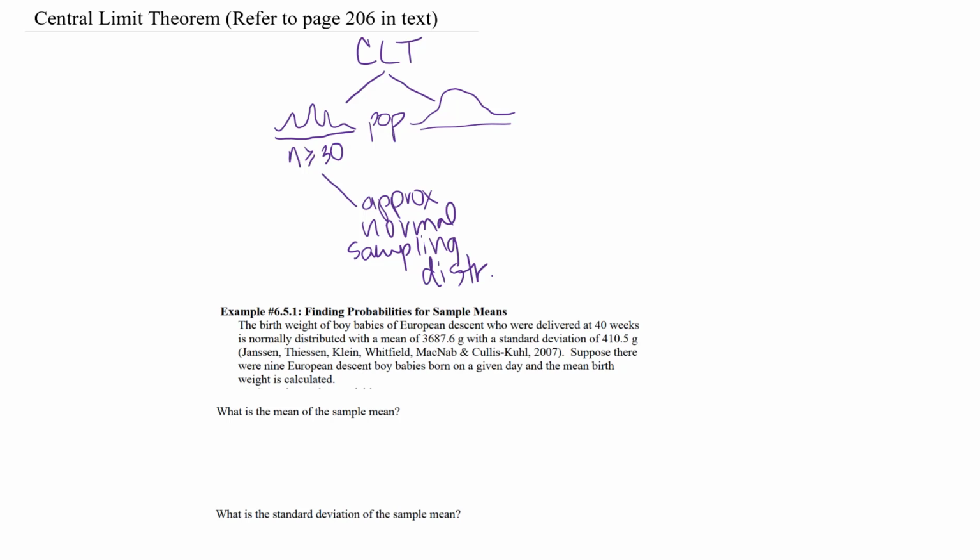Okay, so on the right side, this is whenever my population starts out as normal. Then you can have any size sample. You can have something as small as 2 and just keep repeating the sample of 2 and gather the mean, because this is a sample mean question. You can do different statistics, but this particular section is about sample means.